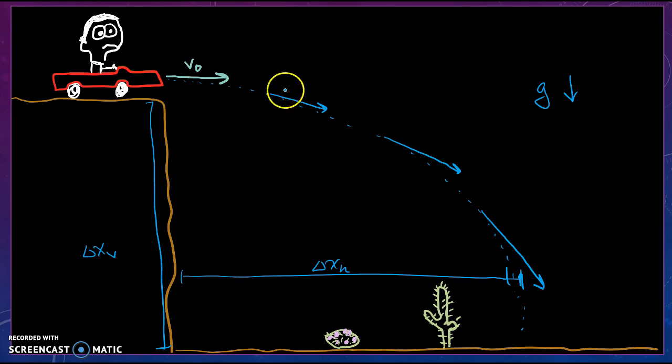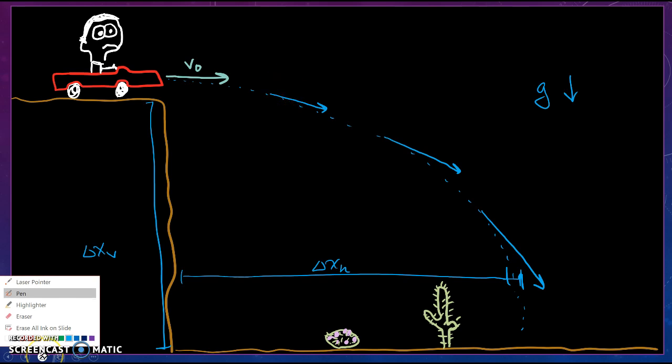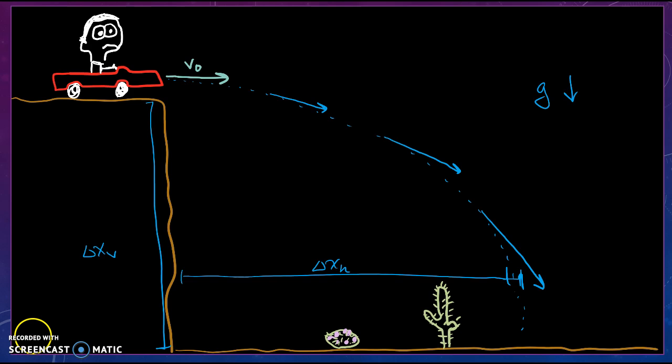And each one of these velocities can be viewed as consisting of two components. So now our work with components is going to come back. For each one of these, we'll have a horizontal component, and then we'll have a vertical component.